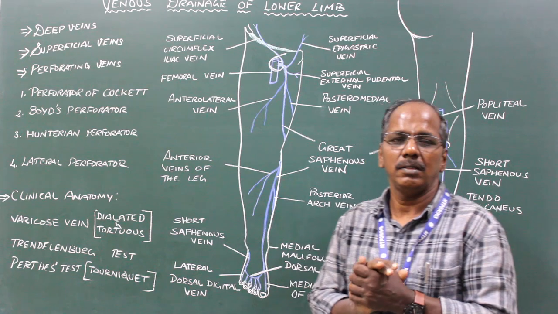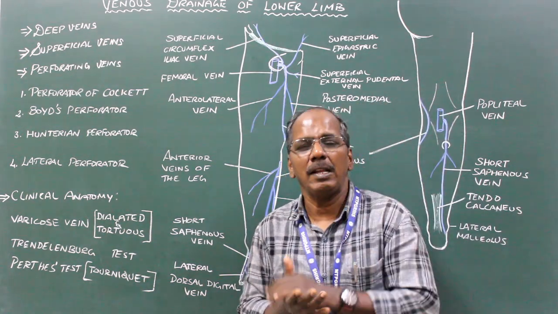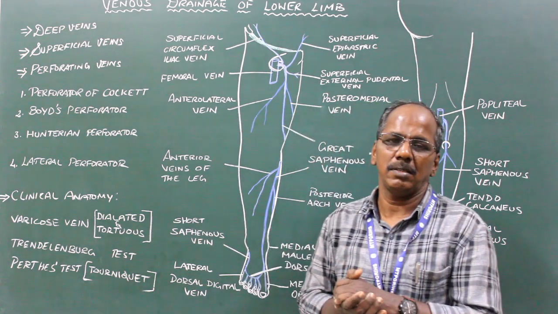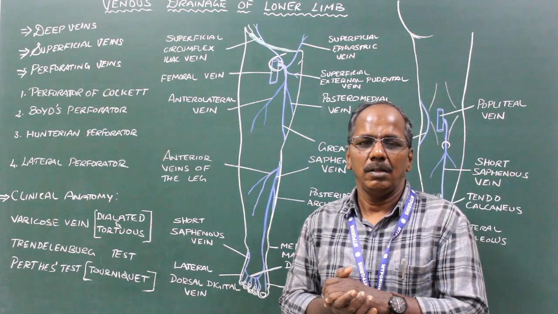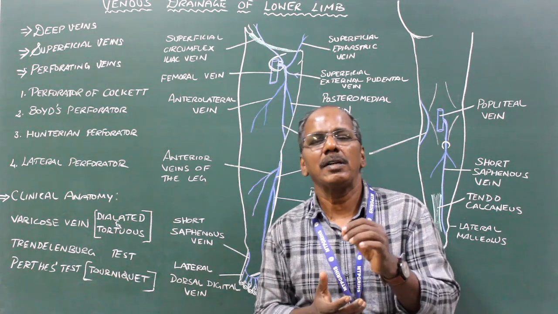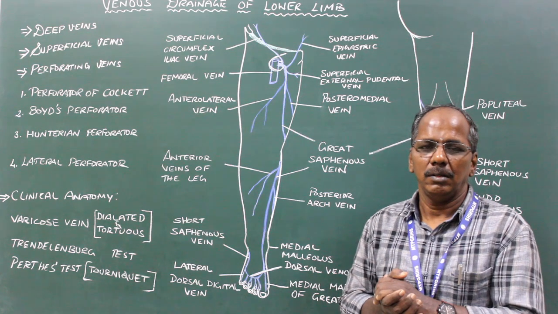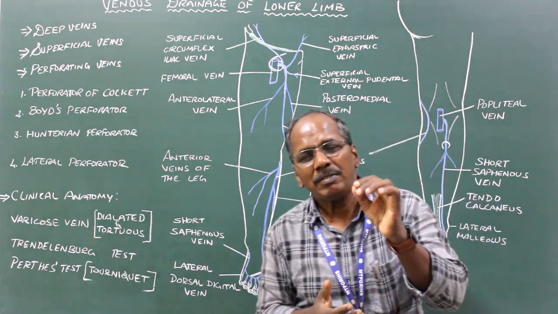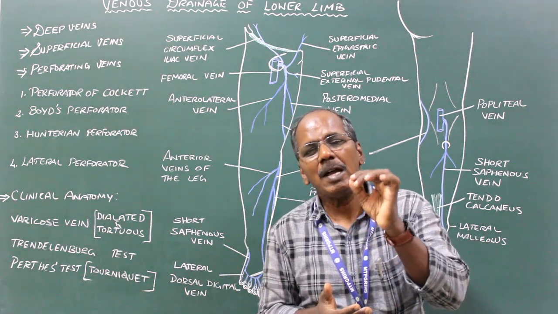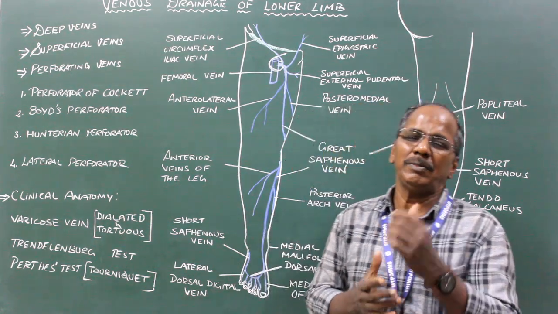Perforating veins. They are communicating venous channels between the superficial veins and deep veins. They are called perforators because they pierce the deep fascia. They possess valves that allow unidirectional blood flow, that is from superficial veins to deep veins.